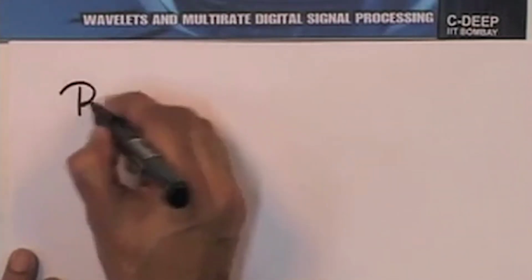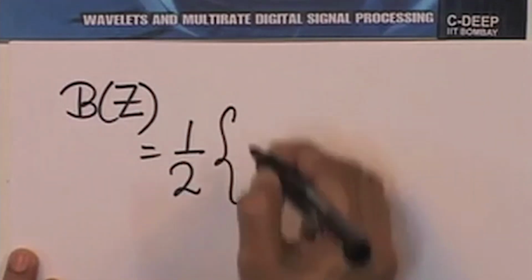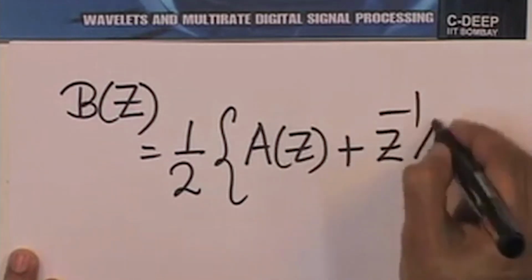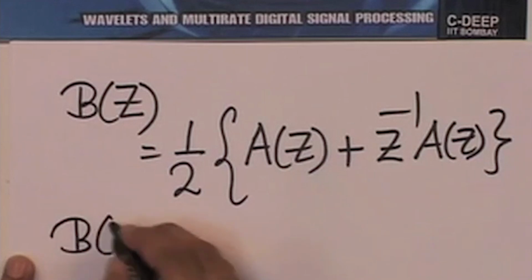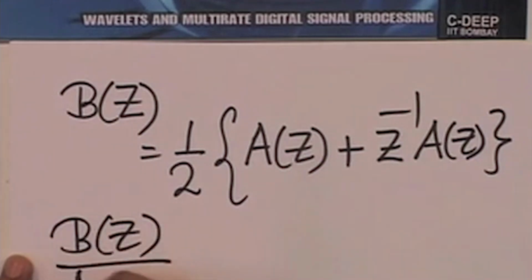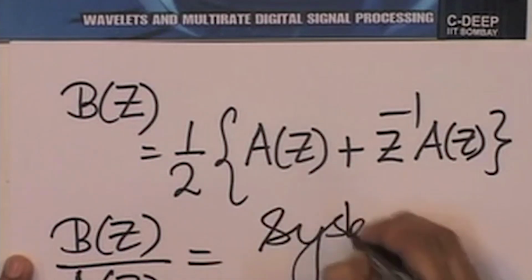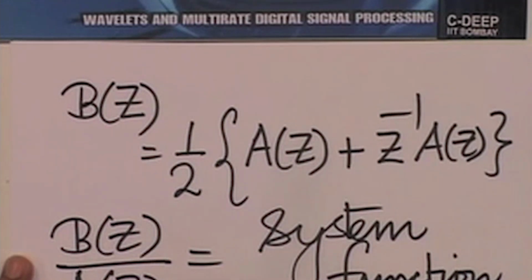We get B(z) is half A(z) plus z inverse A(z), whereupon B(z) by A(z) can be obtained, and this is called the system function of the filter. And the system function is easily seen to be half into 1 plus z inverse.